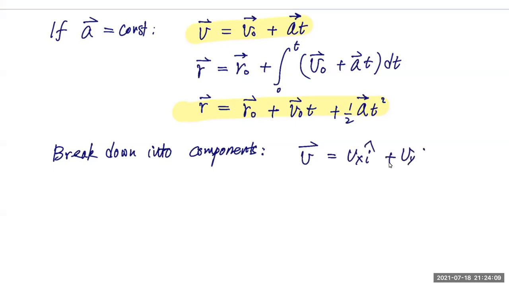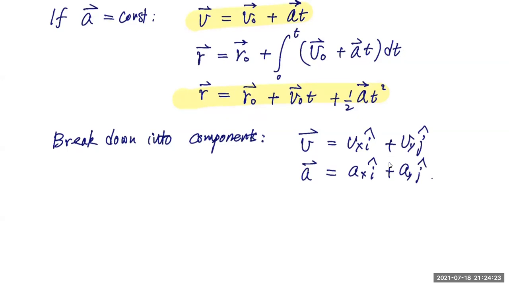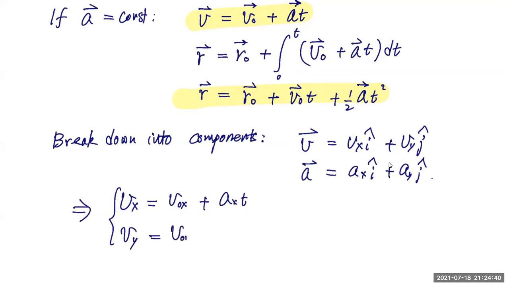That's what we learned in chapter 3, right? Same thing with v naught and a, I can write it down as ax i plus ay j. And then this equation breaks down into two components. Vx equals v naught x plus ax t, and then vy equals v naught y plus ay t.